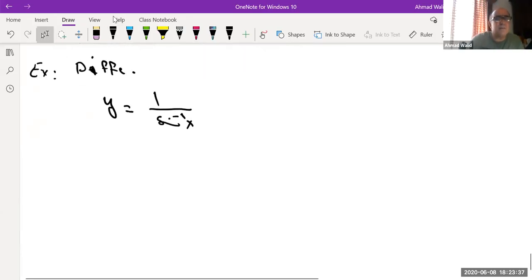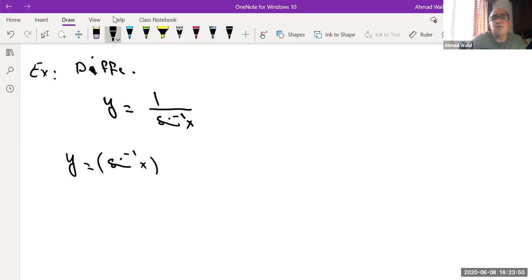You see, we don't have a formula for this. But can I move inverse sine x up? y equals (sine inverse x) all to the power of negative 1, because you're moving it up. As soon as you change it to this form, now you know that you have to apply the chain rule, right? It's chain rule.